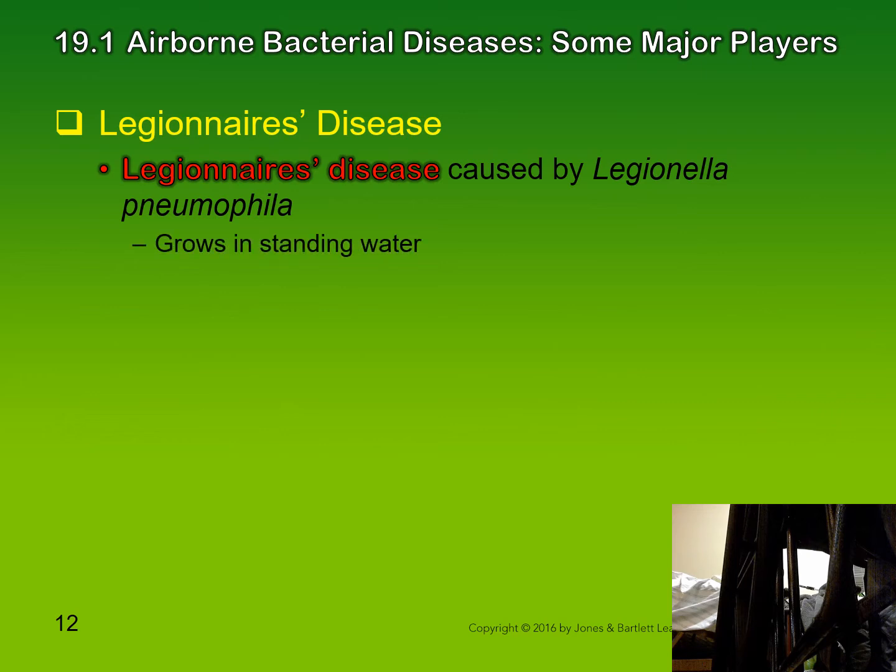The bacteria grows in standing water, and where it grows very well is in radiators or cooling towers that are on top of buildings. Very often, to get good air conditioning in a building, you have a water cooler on the top of the building, and in that water, the Legionella will grow quite well.